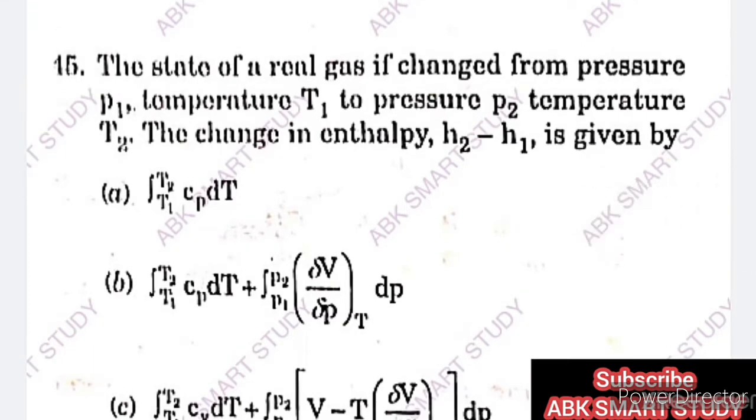The state of a real gas is changed from pressure P1 and temperature T1 to pressure P2 and temperature T2. Then the change of enthalpy H2 minus H1 is given by.